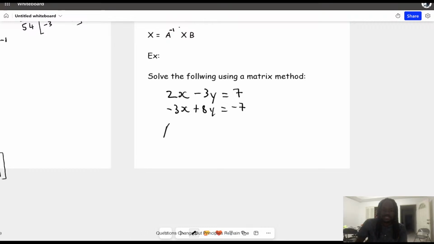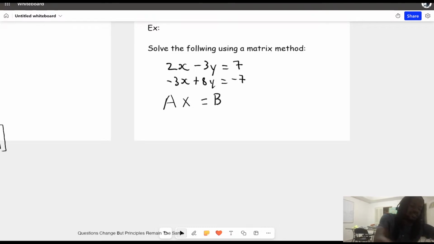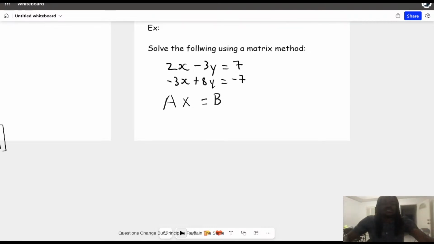Matrix form means I am going to be left with AX is equal to B.